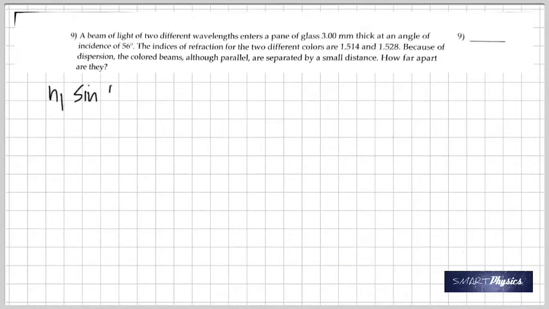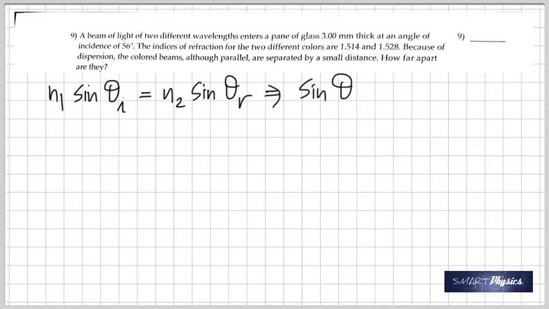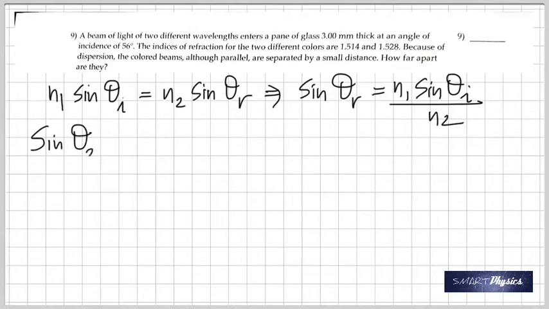Here you have a beam of light entering into a pane of glass, and the two different colors have slightly different refractive indices, and you're asked to find the separation as they come out. So first you can use Snell's law and find the angle of refraction for each one.